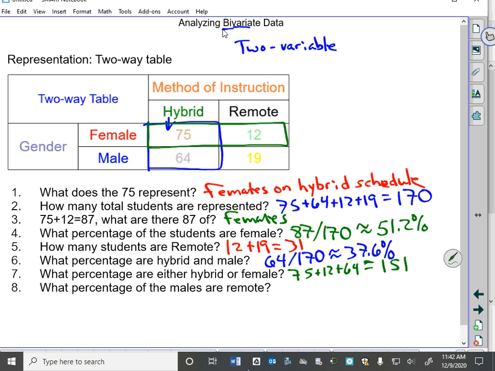So it basically counts everybody except for the males that are remote. Okay, so that word or versus the word and here.